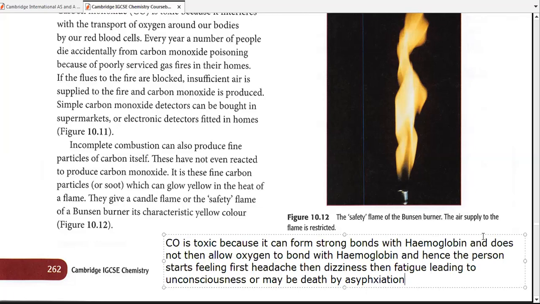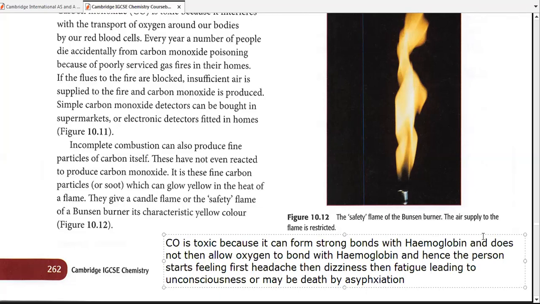When carbon monoxide forms bonds with hemoglobin, it does not allow oxygen to bond with hemoglobin. And the person breathing in an environment which is filled up with carbon monoxide first feels some headache, then he or she is going to feel dizziness. If he stays in the same environment, he will feel fatigue, which means weakness in body. Then it might lead to unconsciousness, or finally death by asphyxiation.